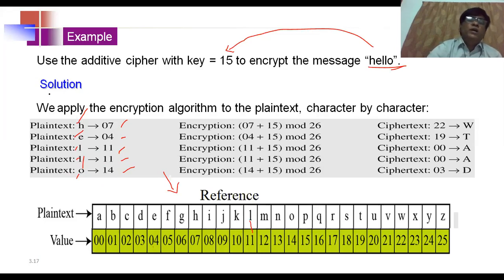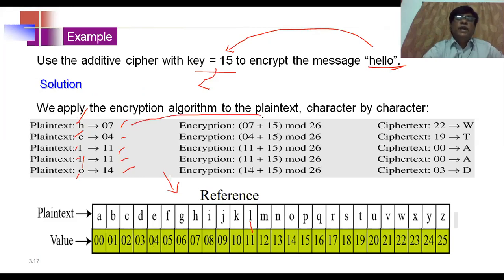Now, how to convert this plain text into the ciphertext? Here use the key value 15. I am adding the key value 15 to each and every character in the plain text. For example, what is the value of H? 7.